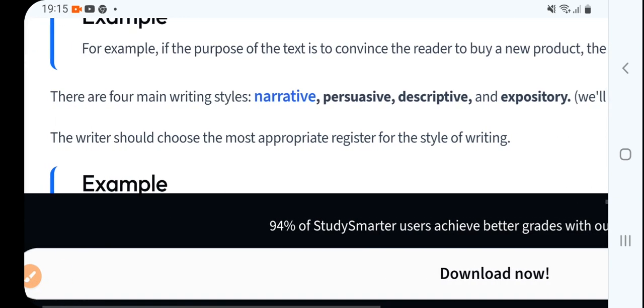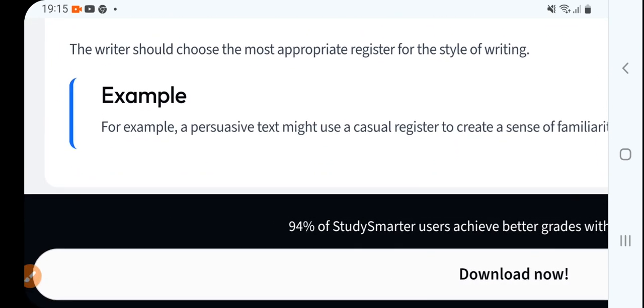The writer should choose the most appropriate register for the writing style.